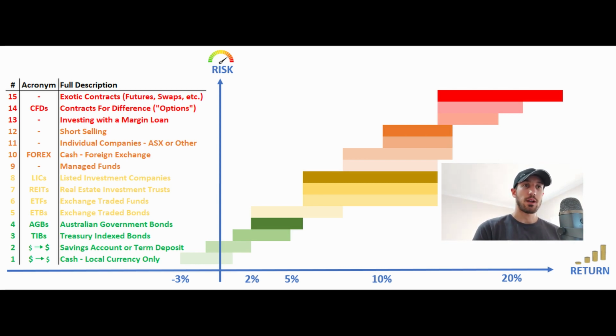Exchange traded bonds, they attract more risk because exchange traded bonds are issued by companies, and we all know that companies, when they have consecutive quarters and consecutive years of losses, those companies cease to exist, because a company can only exist if they are making consistent profits over long periods of time.